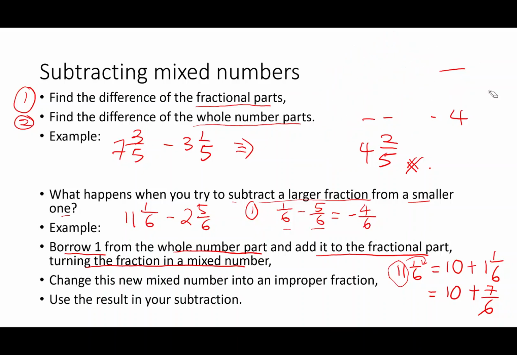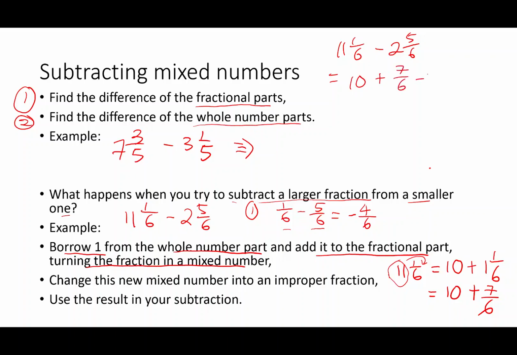So 11 1 over 6 minus 2 5 over 6 is equivalent to 10 plus 7 over 6 minus 2 5 over 6. What we have to do now is to work out the fractional part. You have 7 over 6 minus 5 over 6, and this gives us 2 over 6, and upon simplification gives us 1 over 3.